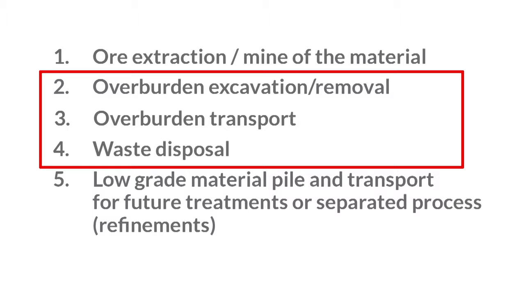So in this topic, we will outline the main aspects of the other surface mining operations and their relation to equipment and costs. Two main activities of surface mining operations are the overburden removal and its transport to the disposal areas.